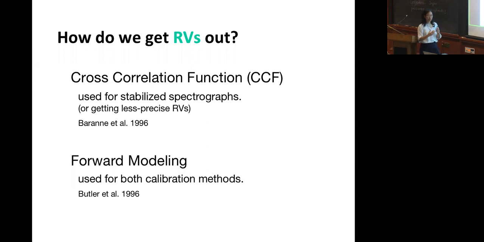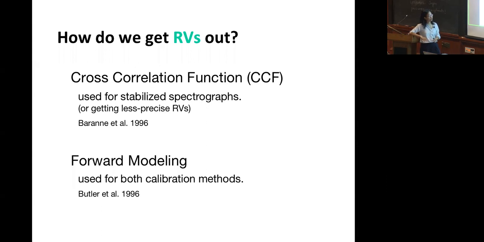For example, people who study star clusters want to measure the systemic velocity of the star, and they want to get a rough radial velocity. That's also the way very often how they do it. But if you are dealing with stabilized spectrographs, you can use this method to get very precise radial velocities out as well. And the second method is more complicated. It's called forward modeling.